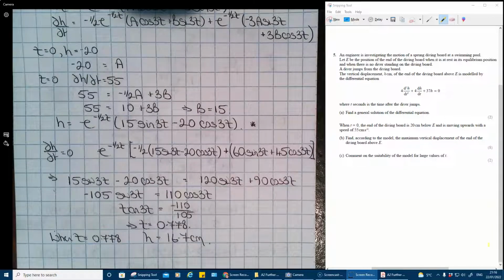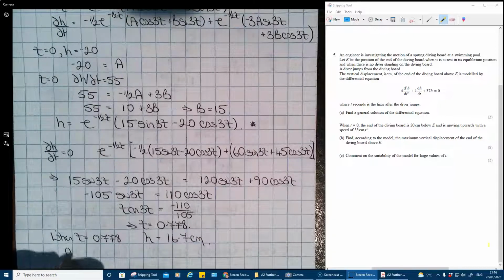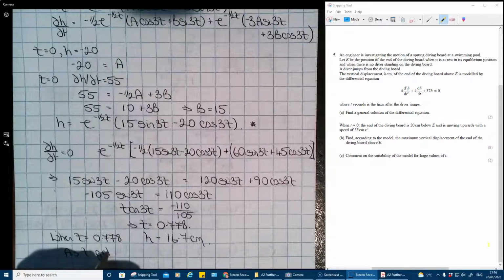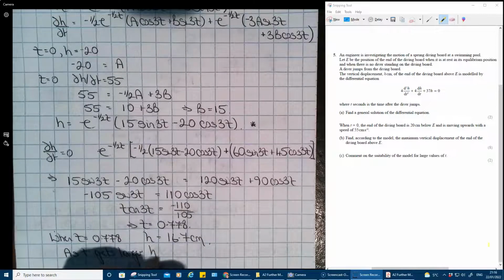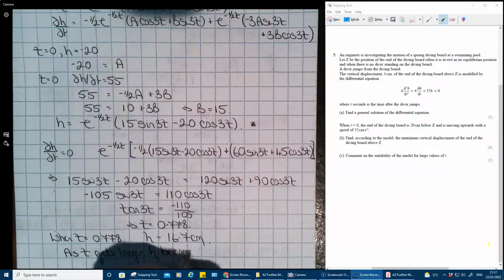There's a comment on the suitability of the model for large values of t. Okay, so as t gets larger, h becomes very small.